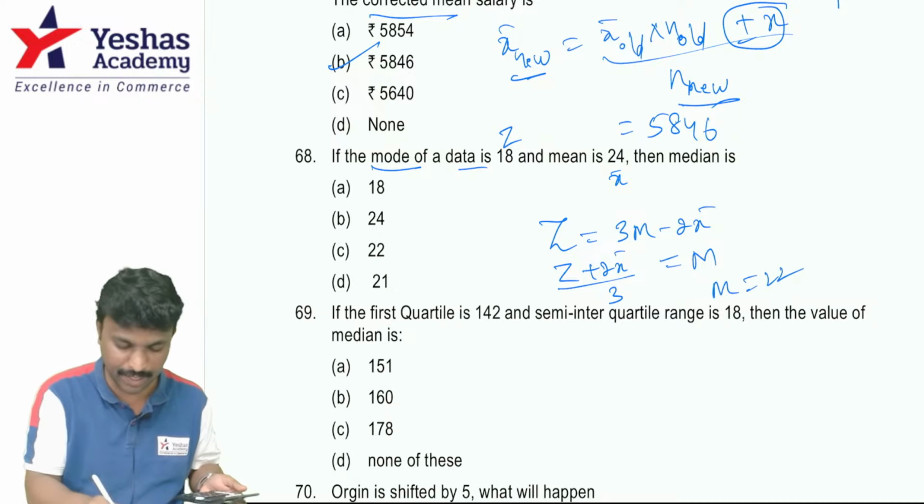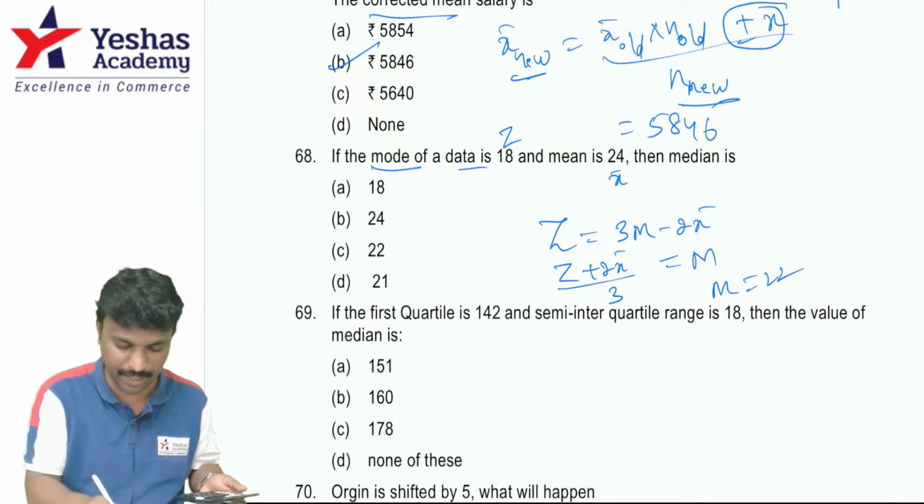You understood? The third decile for the numbers, guys, you need not waste your time in arranging the numbers. First of all, the third decile formula is 3 by 10 into n plus 1, the whole value. So what is n? 1, 2, 3, 4, 5, 6, 7 observations. So 7 plus 1 is 8, 8 threes are 24, 24 divided by 10 is 2.4.